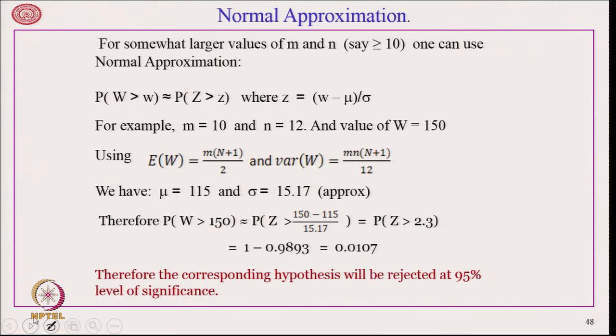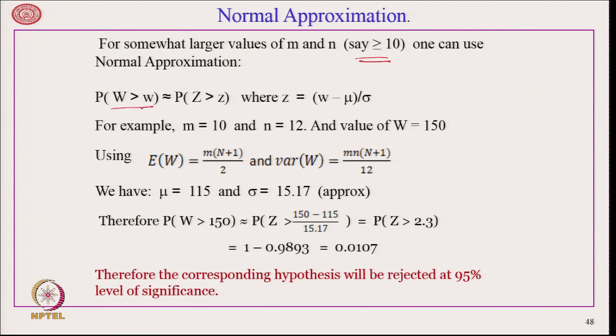Now, let us look at the normal approximation. If m and n are somewhat large, say greater than equal to 10, then one can use normal approximation, because it is difficult to compute these tables for all different combinations of m and n. So, after some point we can look at from large sample theory and go for the normal approximation.